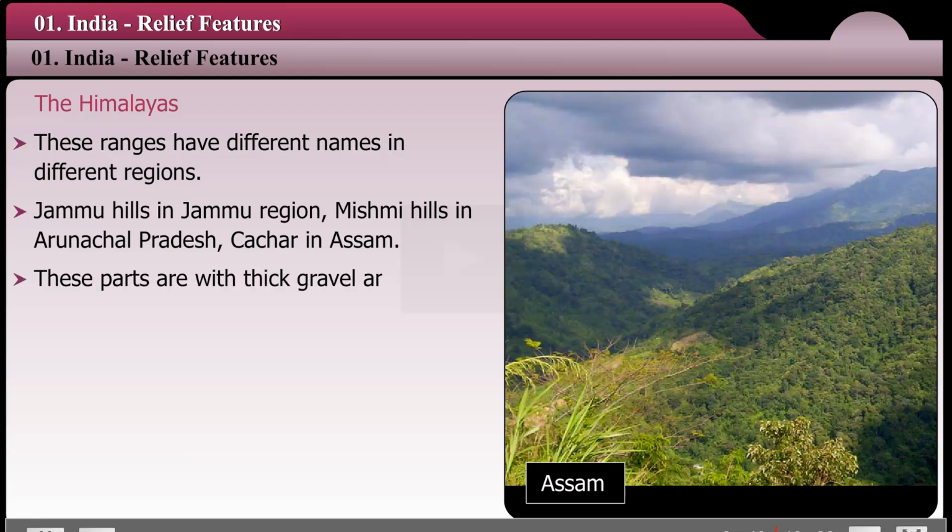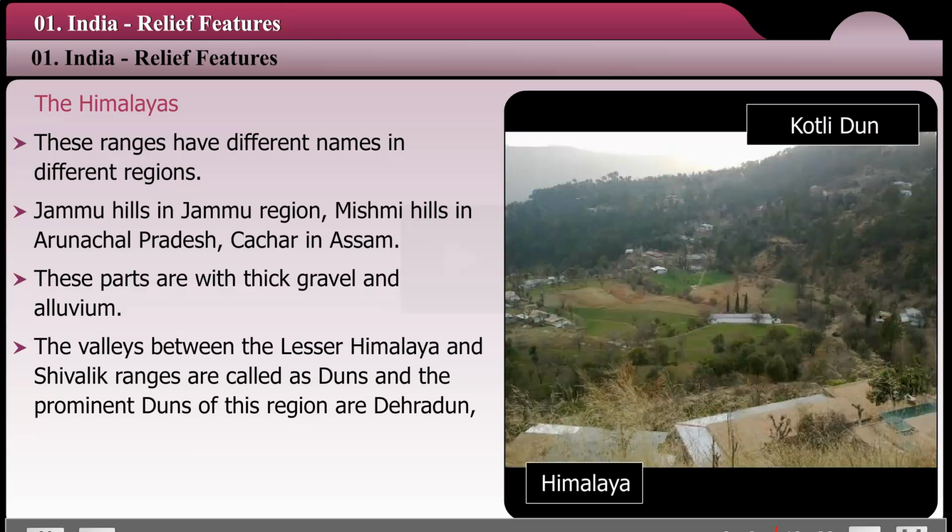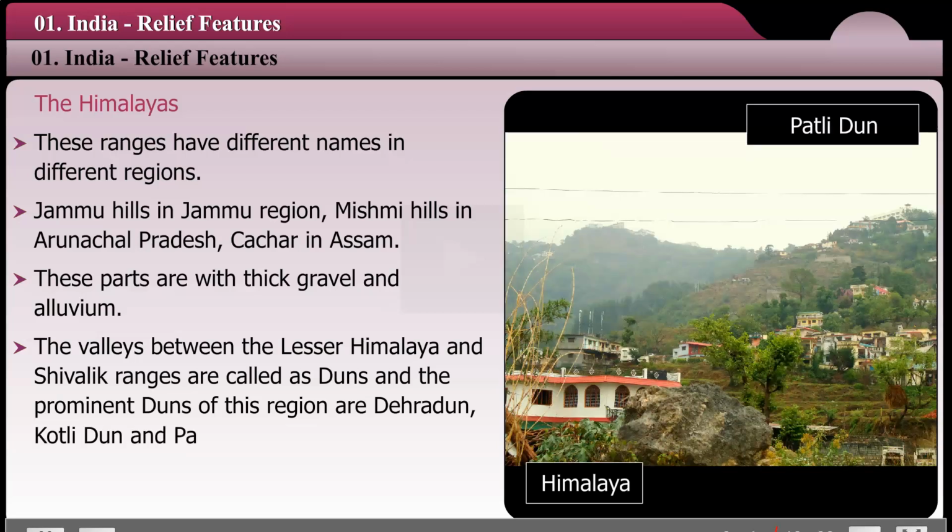These parts are covered with thick gravel and alluvium. The valleys between the Lesser Himalaya and Shivalik ranges are called duns, and the prominent duns of this region are Dehradun, Kotli Dun and Patli Dun.